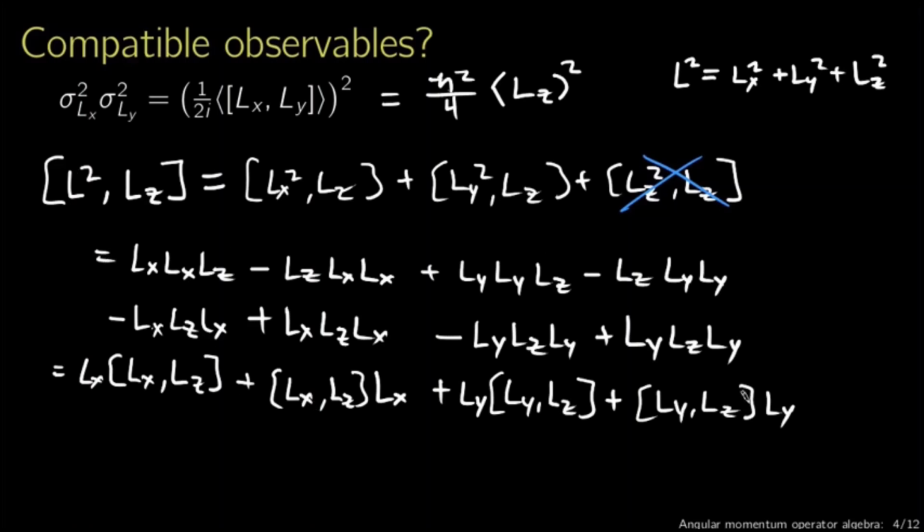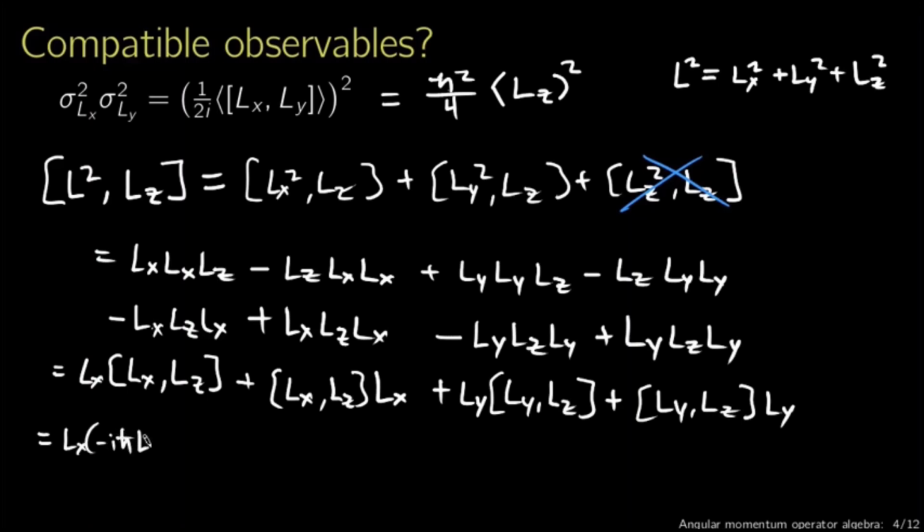I haven't really made very much progress, but I know what the commutators of Lx and Lz are, or Ly and Lz. Those were the commutators I calculated on the last page. So this does actually simplify things out. The commutator of Lx and Lz is minus i h bar Ly. So this whole thing is going to be Lx. I'll stop writing it in square brackets because it's not a commutator anymore.